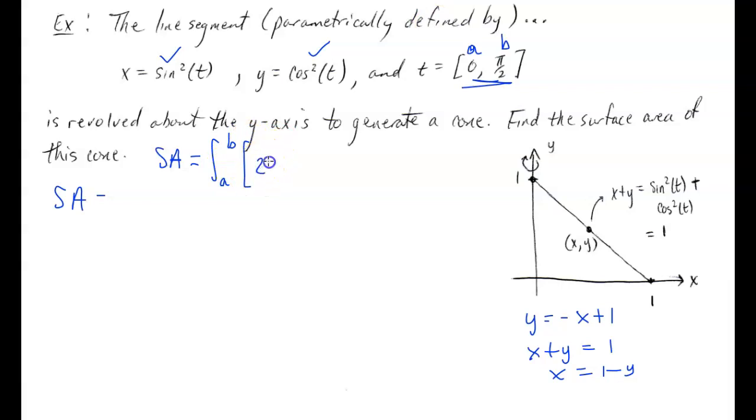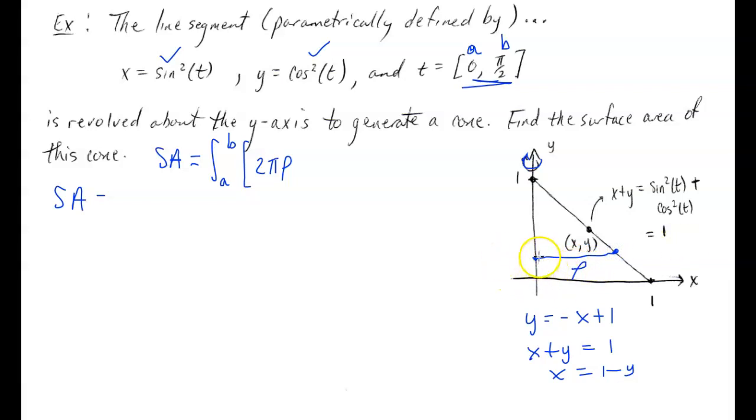We'll have 2 pi times rho, and remember rho is the distance from the axis of rotation to the element or the thing that we are trying to rotate. Okay, so using that definition here, this is the axis of rotation, because remember we're rotating about the y-axis. So let's say from here all the way to some point on this line, that is what rho is going to be defined to be.